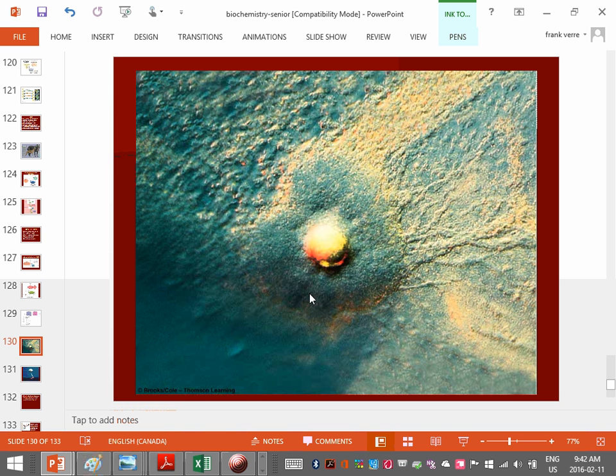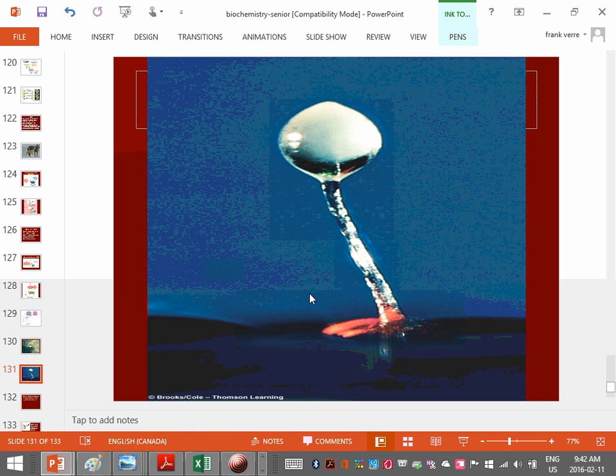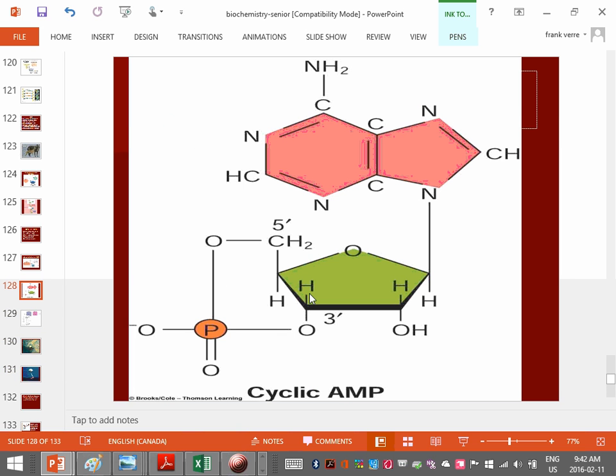This is a picture of a bunch of unicellular organisms that will come together. I think it's a type of fungus. The idea is that these cells will come together when the environment is very harsh, and they will form a structure. This structure comes together when this chemical over here is released. This is the chemical that is used for communicating, and you'll see it when we get to the section on hormones.